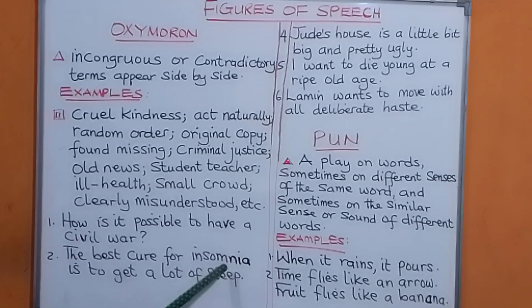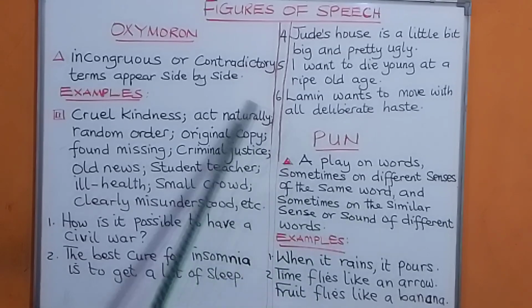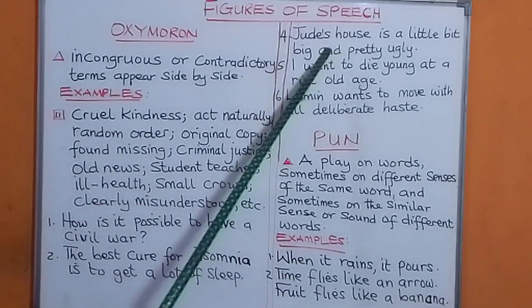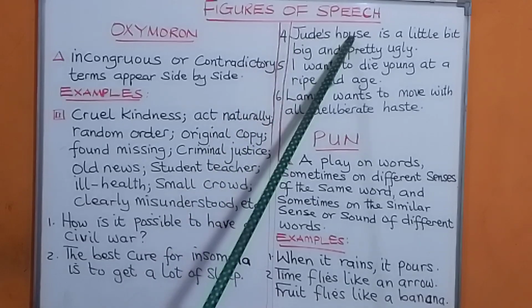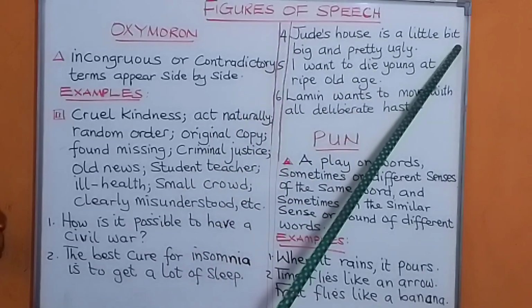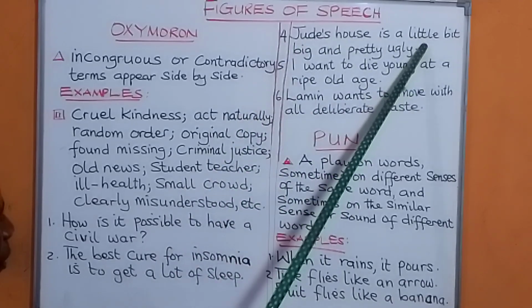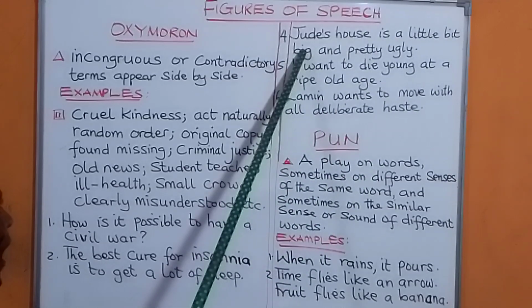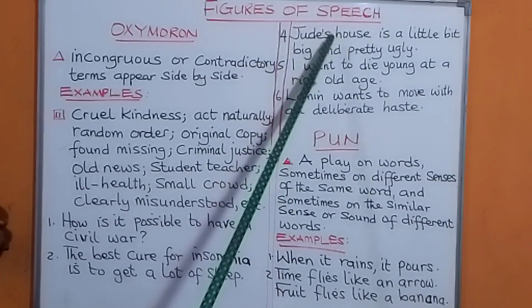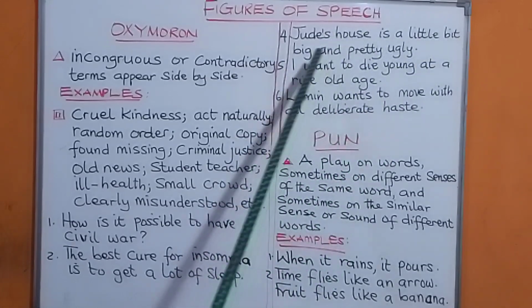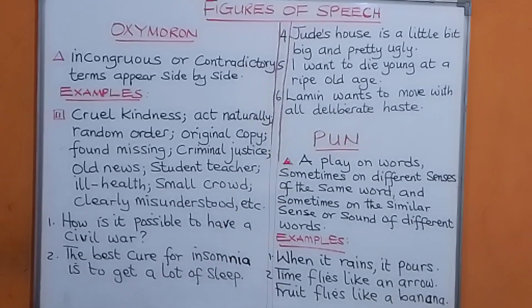Insomnia, get a lot of sleep, contradictory terms appearing side by side. Look at this, Jude's house is a little bit big and pretty ugly. You say little and big, you say pretty and ugly.